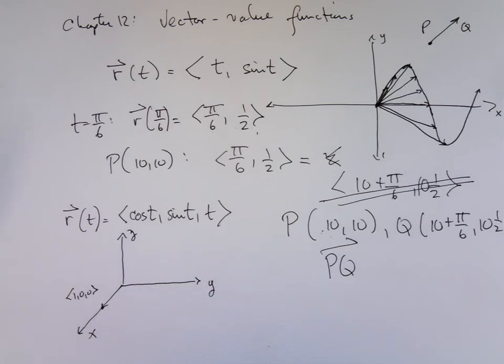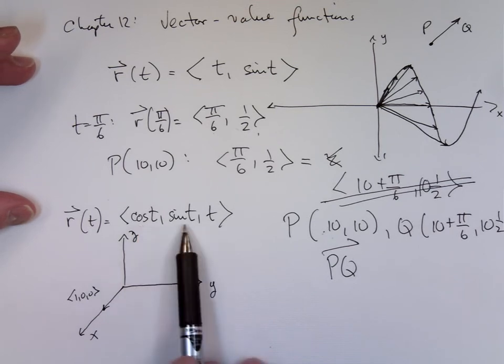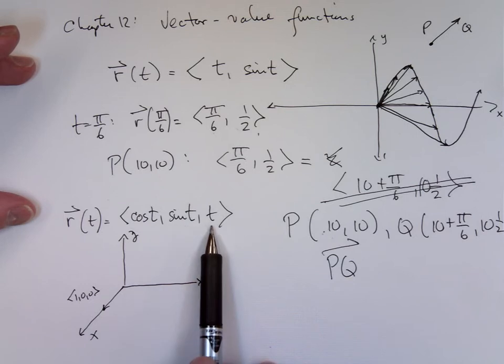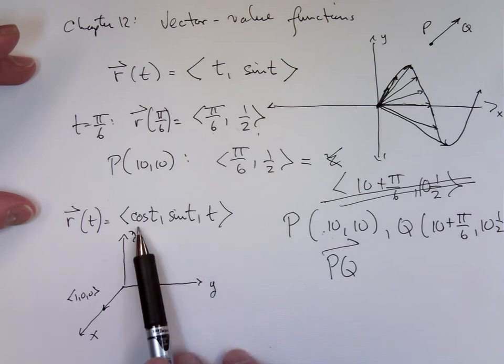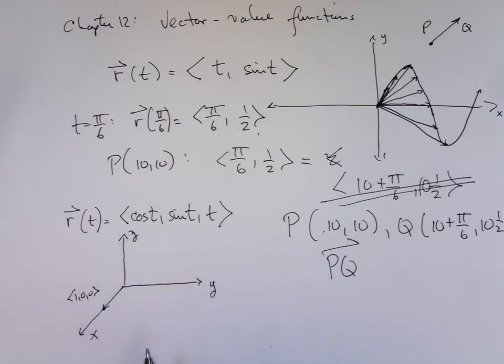Now let's see what happens as you increase t. As you increase t, cosine t is going to decrease, okay? Sine will increase. Now forget the z component. Cosine t, sine t, what does that describe? If you had that vector valued function in 2 space, cosine t, sine t, what would that describe? It's a circle. That's exactly what it would be. It'd be a unit circle in the xy plane where x is equal to the cosine, the y is equal to the sine.